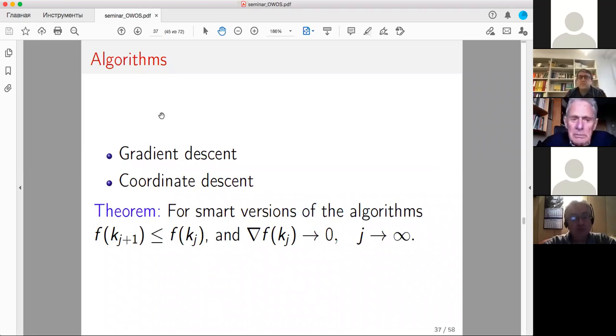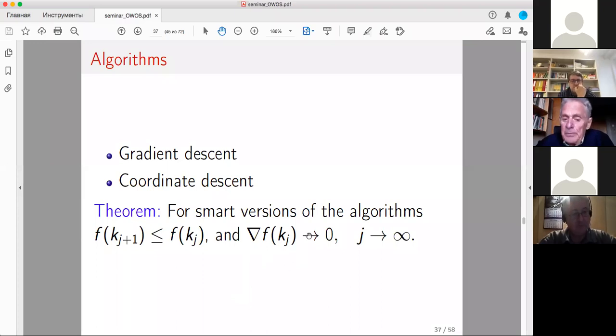So what is the algorithm? Well, it's gradient descent again, but also we can add here coordinate descent. And again, I say for smart versions of these algorithms, we can guarantee monotonicity and convergence to a stationary point, not to a local or global minimum, but to a stationary point.